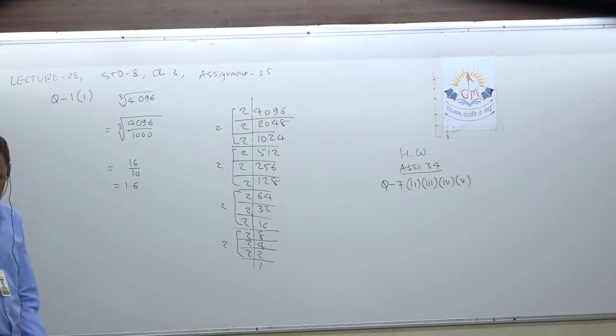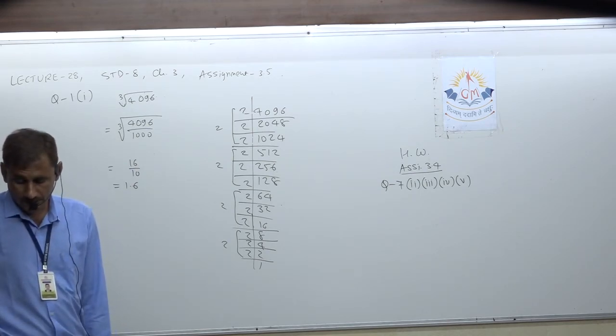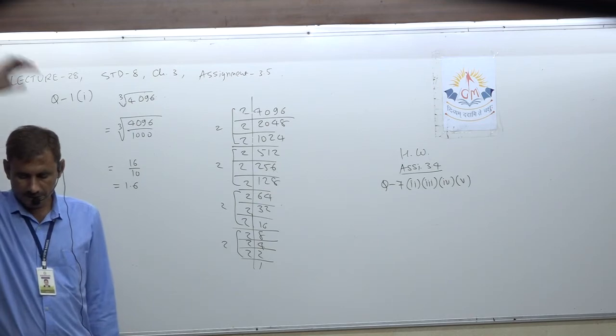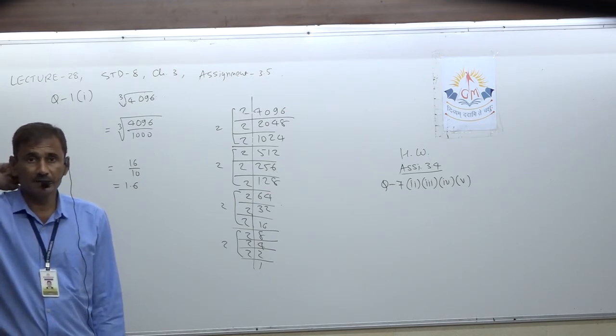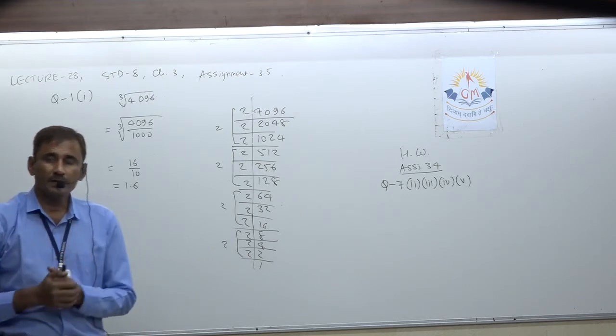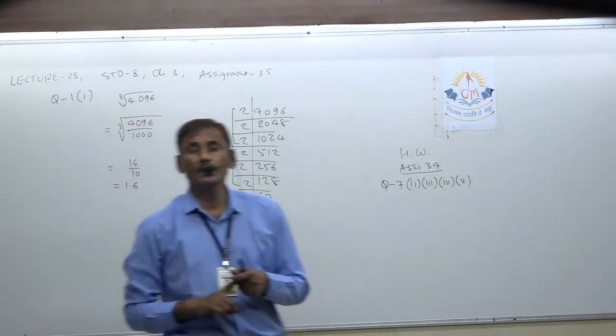Then they ask the value of cube root 448 multiplied by cube root 392. Again, we just find the cube root of both numbers by prime factorization only. It is the only method we have right now for finding a cube root.